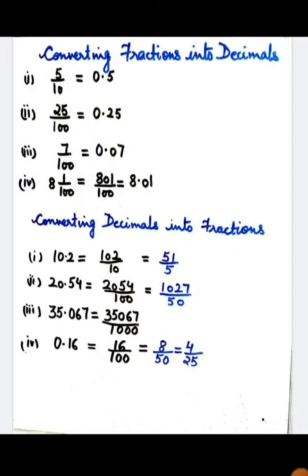So in order to make it a 2-digit number, we will put 0 on the left side of 7. So now after putting 0, it will become 07 and we will put the dot after 2 places, that is after 0, and the answer will be 0.07.